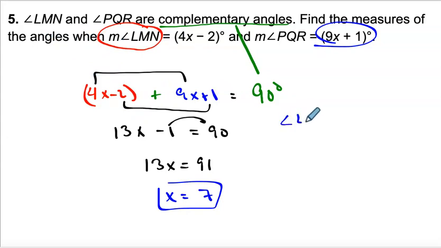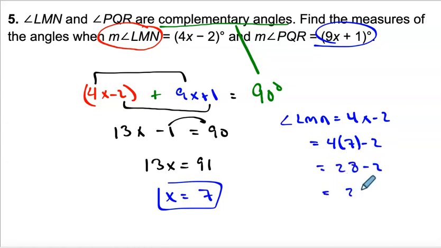So LMN is 4x minus 2. So in this case, it's equal to 4 times 7 minus 2, which is 28 minus 2, which is 26, which implies that angle PQR is going to equal 90 minus 26 degrees, which is 64 degrees.